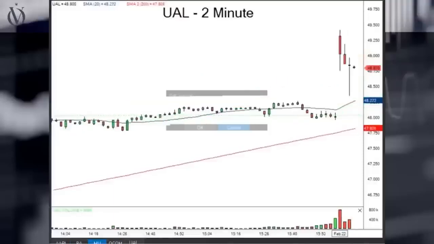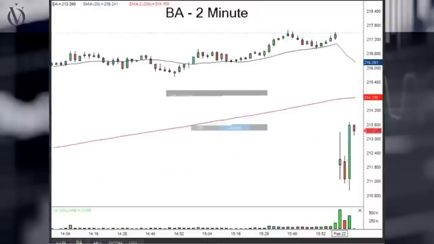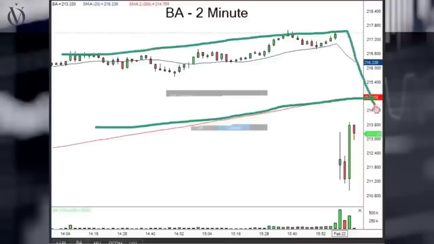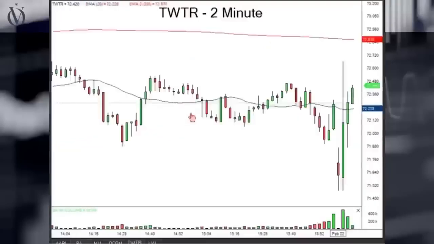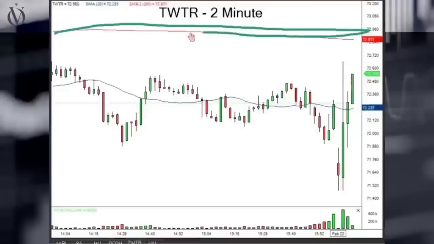All right. Let's check a few other things here. What's the BA doing? The BA snapped back to the upside here. Again, we still have this resistance zone here. And what's Twitter doing today? Little tricky here.